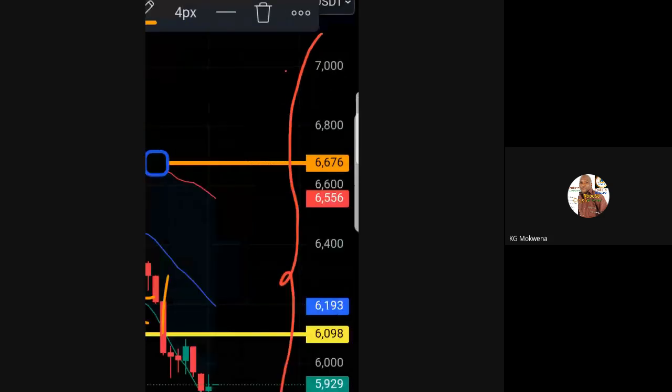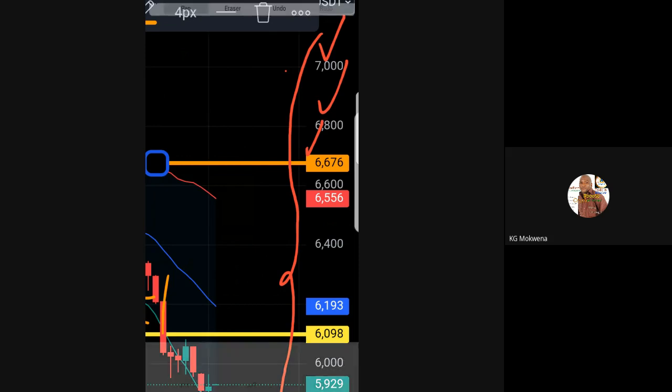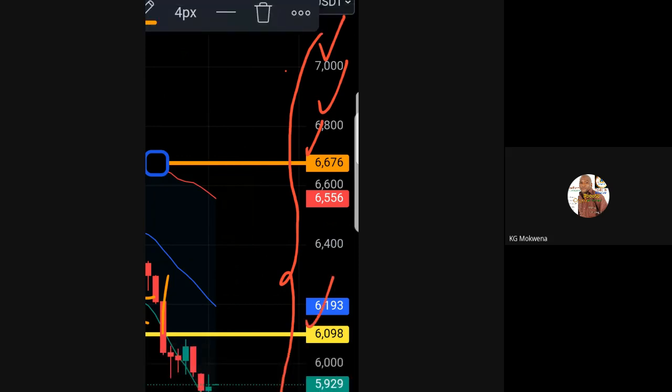You can see on top is 7,000, here 6,800, and then here is our average price of the main position, 6,676. And then the yellow one is where the price is 6,098, which is for position number 5 as a sub-position.